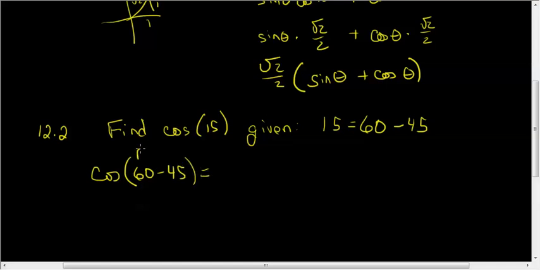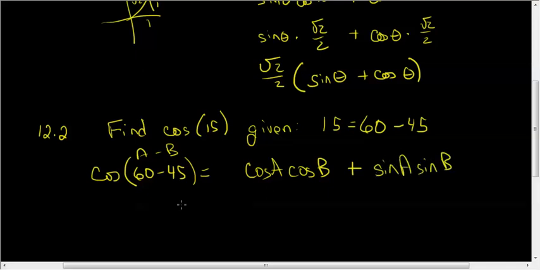Well, cosine of A minus B is going to be cosine A, cosine B, plus, remember that cosine gets the opposite sign, sine A, sine B. Well, A is 60 degrees, so this becomes cosine 60, B is 45, cosine 45. Notice it's not negative 45, it's 45. The minus 45 is taken care of right there.